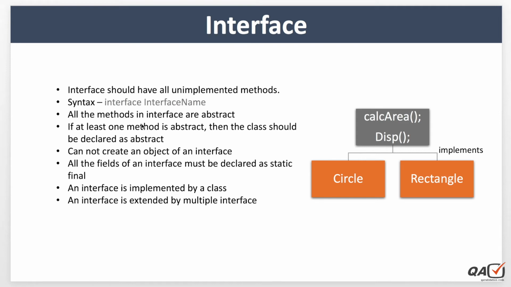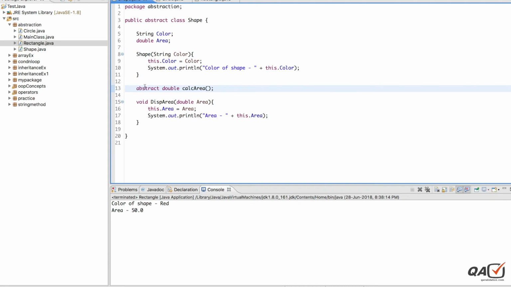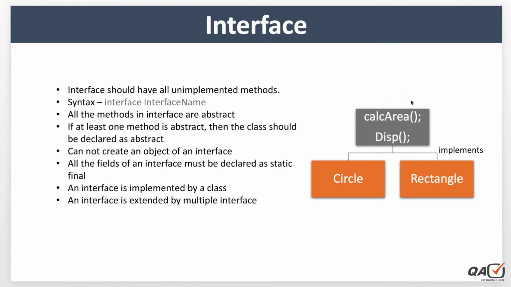Okay, all the methods in the interface are by default abstract. So here we have mentioned explicitly these things as abstract, right? If there is no implementation, but here because all the methods are unimplemented, the abstract keyword is not required, because by default the methods written inside an interface will be abstract only.